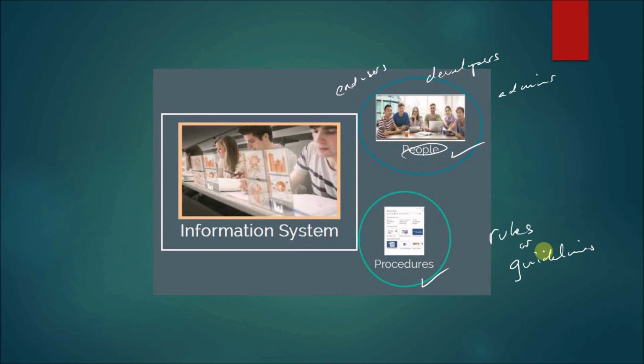For instance, you can have step-by-step instructions on how to use a particular software program. For you guys, it could be My Lone Star. There could be pictures through our intranet, which is just web pages within our organization that tell you exactly how to use My Lone Star in terms of registering for your classes.